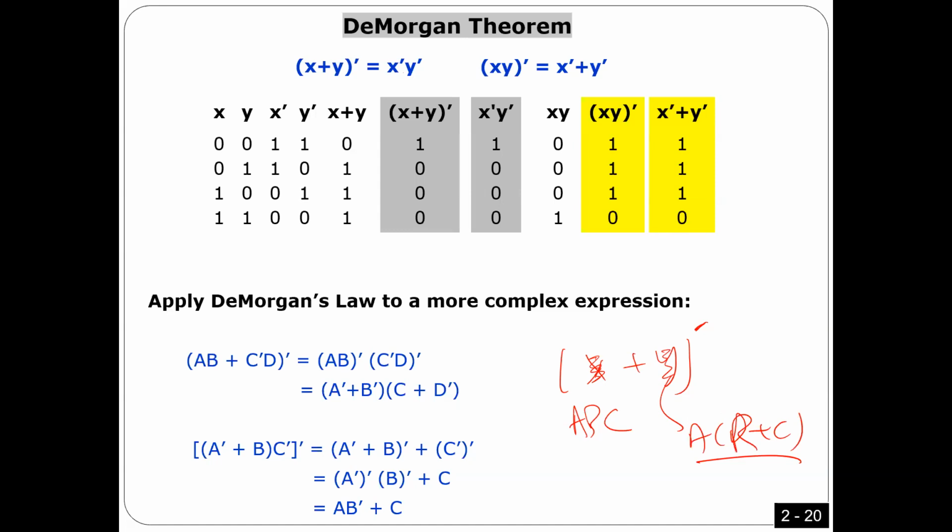Still, it can work. I give you some examples here to understand exactly what I'm saying. For example, here I want to get the inverter of this one. Can I use the same thing here? Wait a second, I can't use it because here you have X and Y, but here you have A and B. You didn't tell me I can use it.